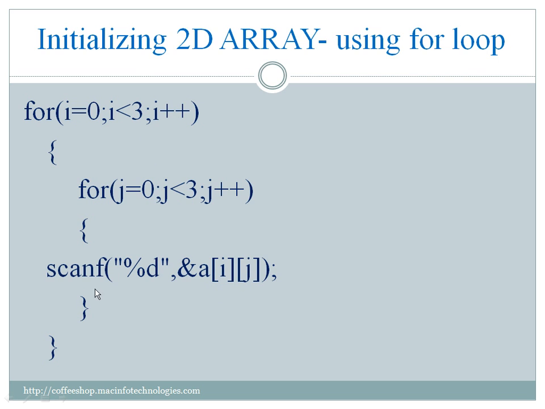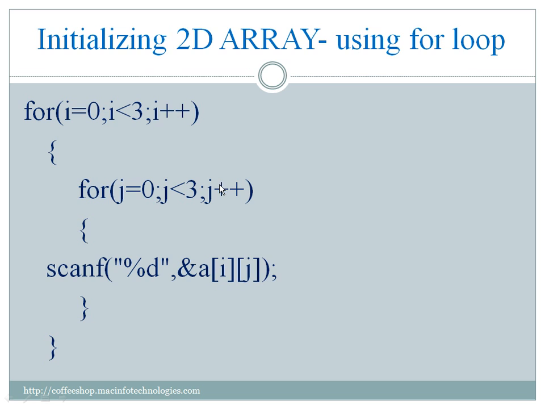After this scanf statement is complete, it goes to j++, that increments the loop variable. Now j becomes 1, so again it goes to the condition, 1 less than 3 is true, and again the input is taken for a of 0, 1 because i remains 0 and j is incremented to 1. The value for a of 0, 1 is taken from the keyboard.